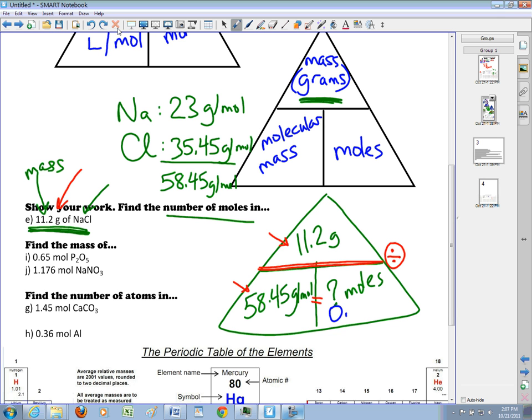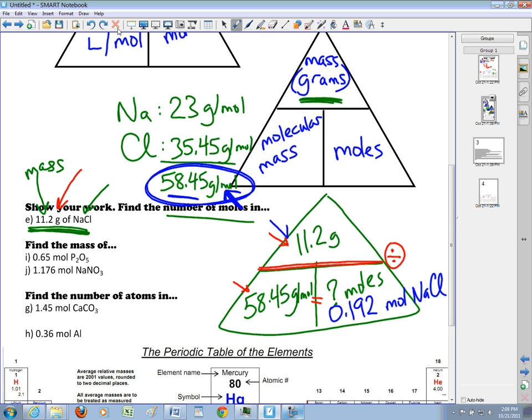0.192. I'll round it to 3 decimals here. 0.192 moles of sodium chloride. And that makes sense. Remember that this number that we calculated up here, the 58.45, that actually means that if I had 1 mole of sodium chloride, it would weigh 58.45 grams.